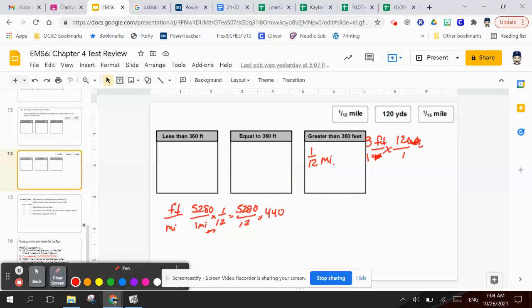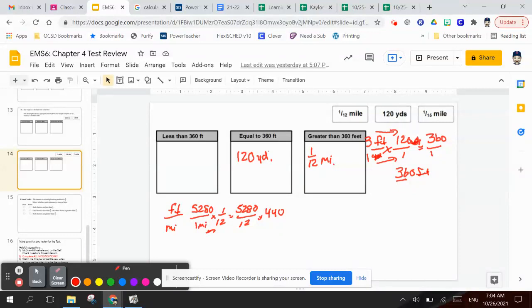We multiply across. 3 times 120 is 360. 1 times 1 is 1. 360 over 1 is 360 feet. So is that less than 360, equal to 360, or greater than 360? Well, that's the same number. So 120 yards is equal to 360 feet.